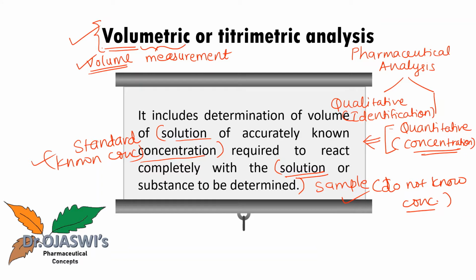It includes determination of volume. How much volume of this standard solution was required to react with this sample solution will give us the idea about the concentration of the sample present in that particular solution.